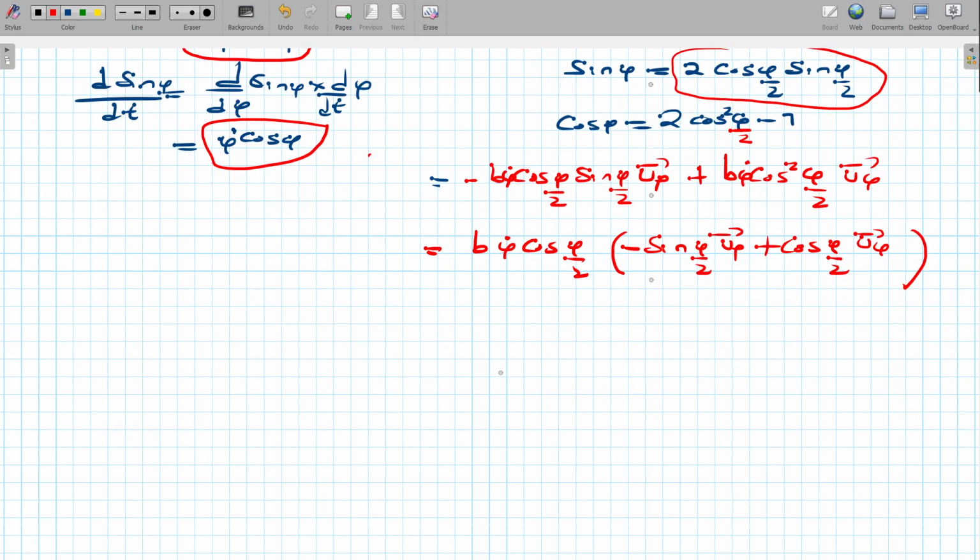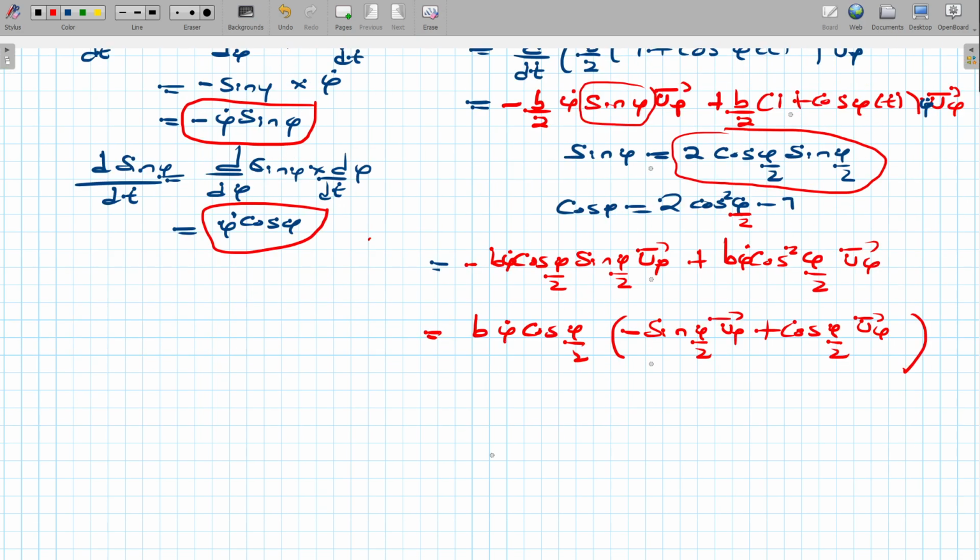This answer is a better form than what we had previously. Let's say you want to calculate the magnitude of this vector. You have to take the norm. If you take the norm, it is the norm of this constant and the norm of this vector that we have here. Taking the norm of the vector in brackets, you get the root of minus sine squared phi over 2 minus sine squared phi over 2 plus cosine squared phi over 2, which gives us a 1 inside, and this simplifies our calculations.